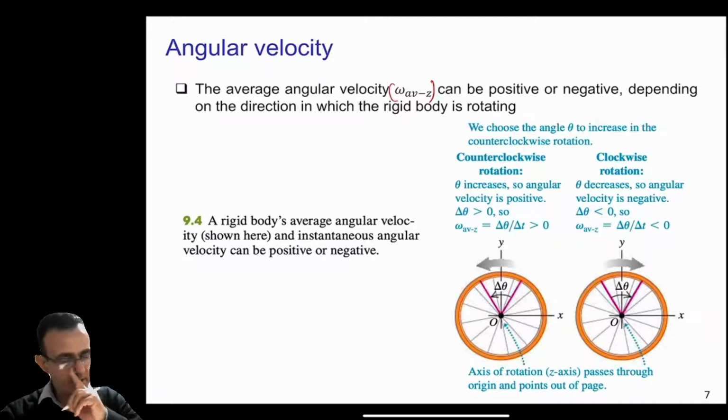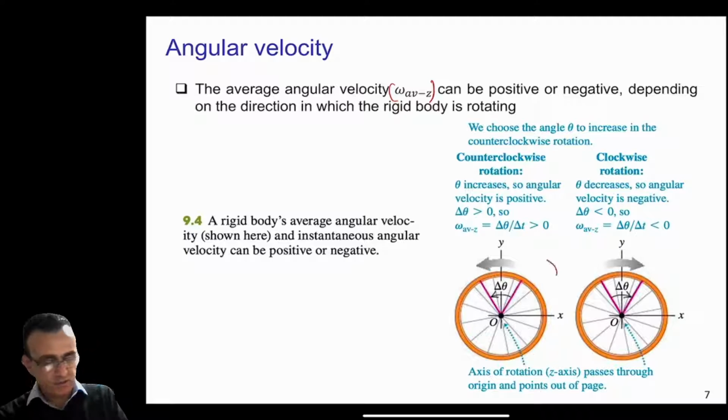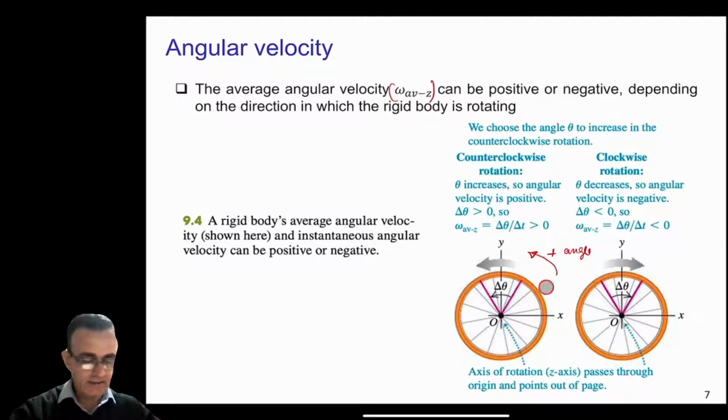Now the angular velocity can be positive or negative, depending on the direction in which the rigid body is rotating. If we consider that the angle is positive in this direction, and the body is rotating in this direction, then theta is increasing, so the angular velocity is positive.